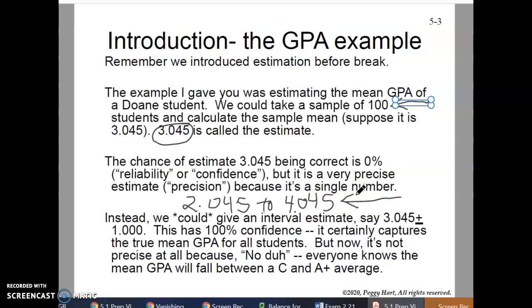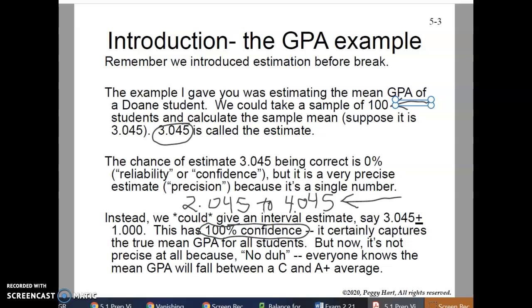You could have guessed that the real mean GPA is in that range. It's 100% confident, completely reliable. It certainly captures the true mean, but it's not precise, because I would say, no duh. Everyone knows that the mean GPA will be between a C and an A+ average.